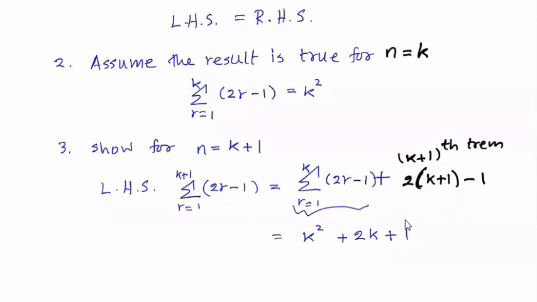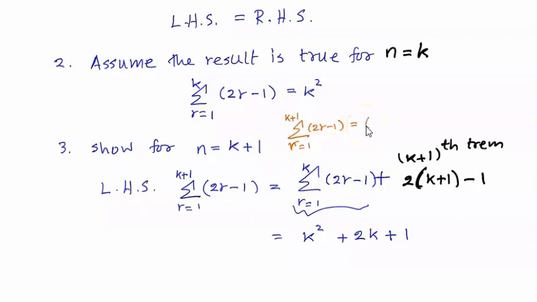That's what I get. Now what is my goal? If the result is true for n equals k plus 1, on the right side I should have k plus 1 squared. So by showing that n equals k plus 1 gives us the result, what we mean is that when the left hand side goes from 1 to k plus 1 of 2r minus 1, following the given formula, when it is just n on the top, we have n squared on the right side.